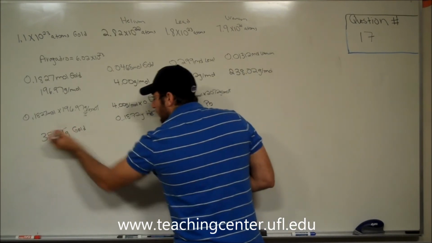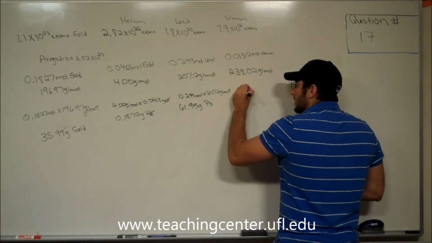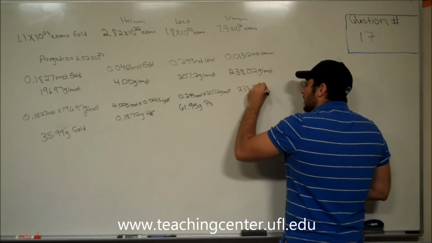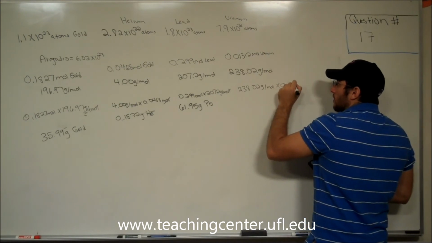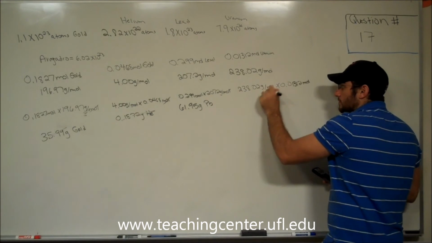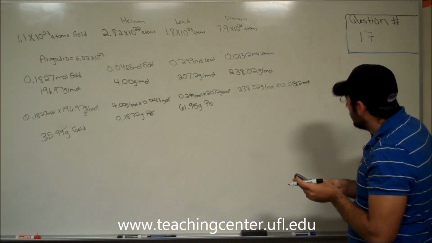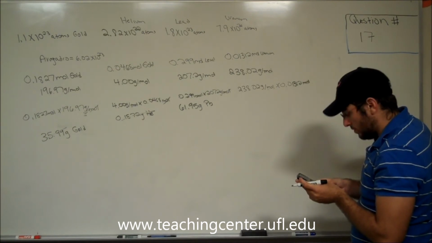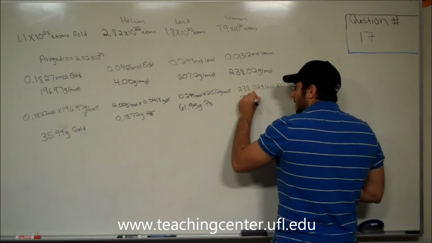So we know that the lead weighs more than the gold. The last one we do is uranium: 238.02 grams per mole times 0.01312 moles, and we get 3.12 grams of uranium.